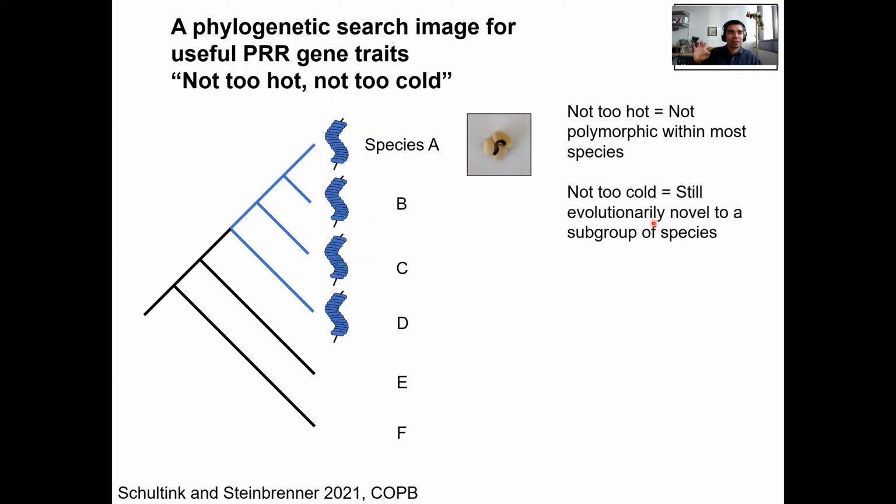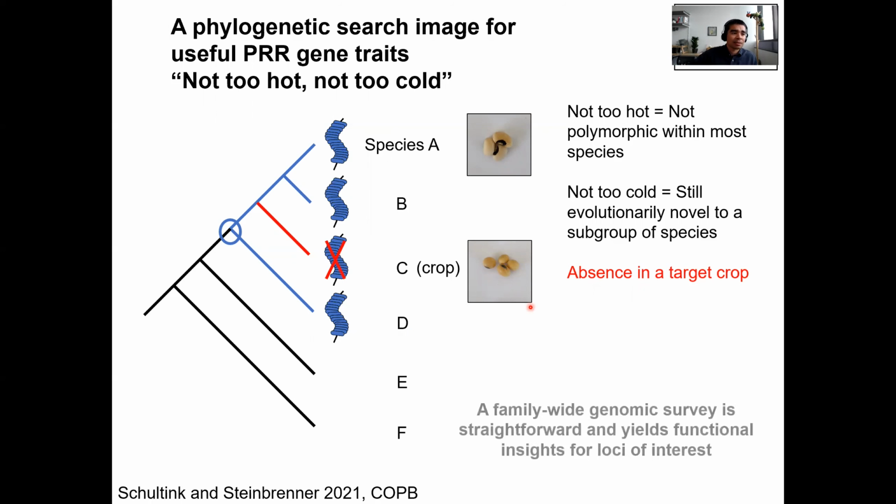They're still evolutionarily novel relative to outgroup species, species E and F in this case. And then we're also looking for this feature where these useful receptors happen to be absent in a target crop, soybean, for example. And so one project in the lab is to move INR back into soybean to see if this confers useful caterpillar pest resistance.